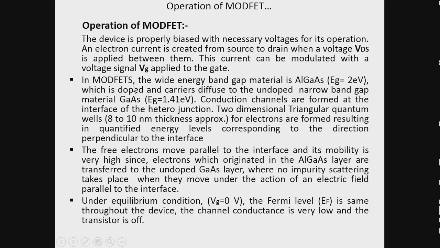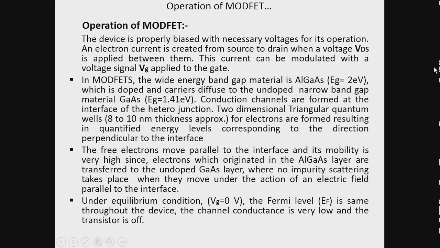In Modfets, the wide band energy gap material, aluminum gallium arsenide, which has a band gap energy of 2 electron volts, is doped and carriers diffuse to the undoped narrow band gap material, gallium arsenide, which has an energy gap of 1.41 electron volts.